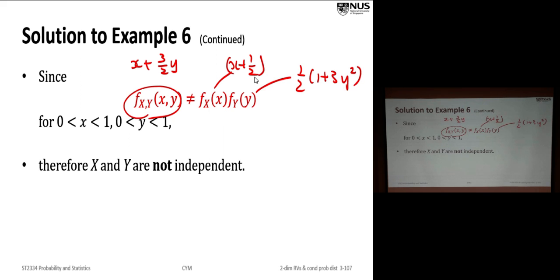So obviously the product of these two does not give you x plus 3 over 2 y squared. The product of these two factors, one involves x, one involves y, so the product will not give you a factor which involves the sum, a linear combination of x and y. All right, so they are not equal.